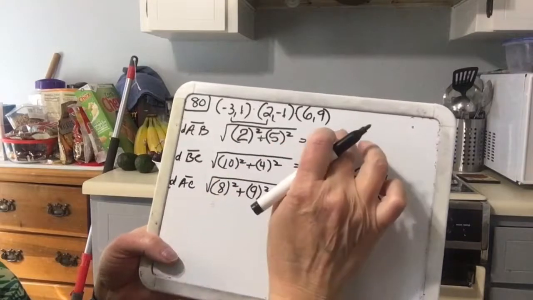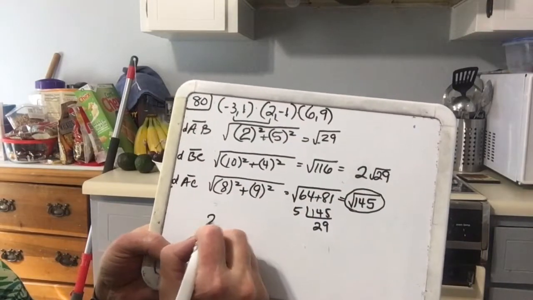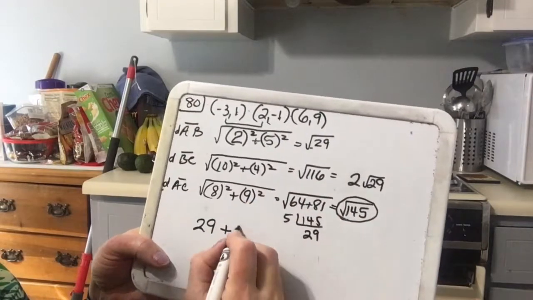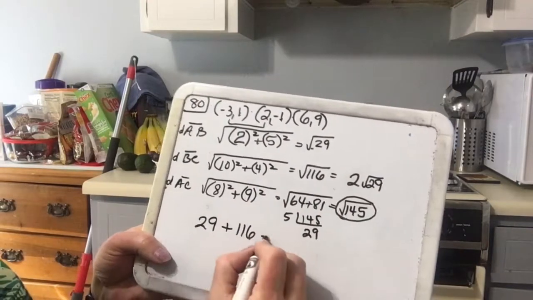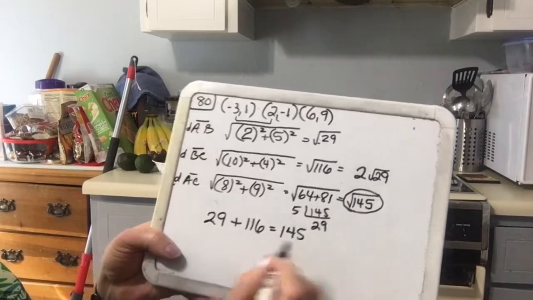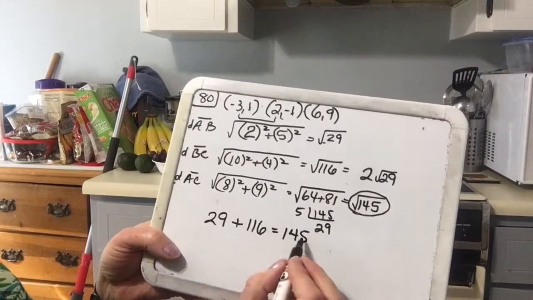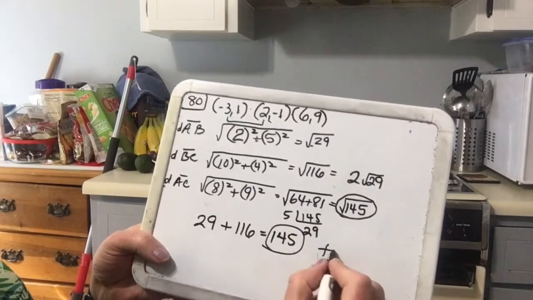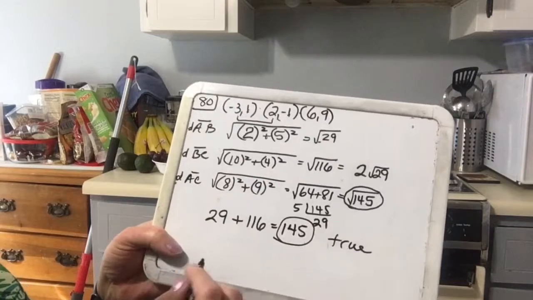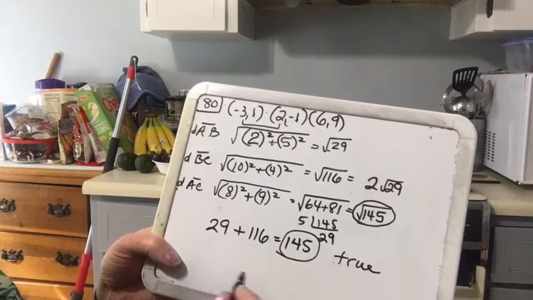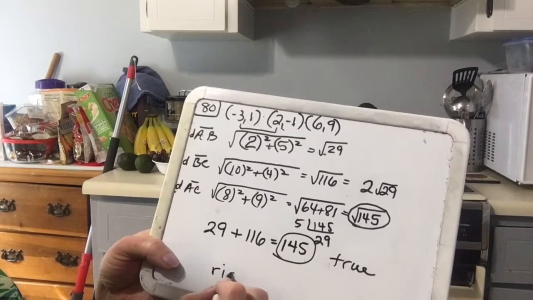So I'm going to take this one squared, which is going to end up being 29, plus this one squared, which is 116, equals this one squared, which is 145. So then I add them together, and I get 145, and yes, it is true. Therefore, I'm going to say that these are the vertices of a right triangle.